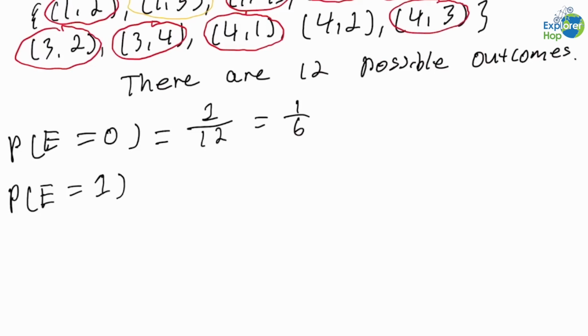And so if we were to count all of these outcomes, we get 1, 2, 3, 4, 5, 6, 7, 8. 8 outcomes with one even number. So the probability of E being equal to 1 is therefore equal to 8 over 12, which is equal to 2 over 3.